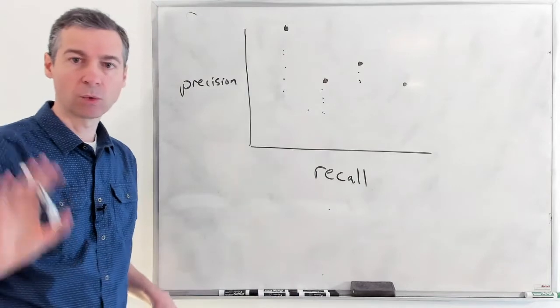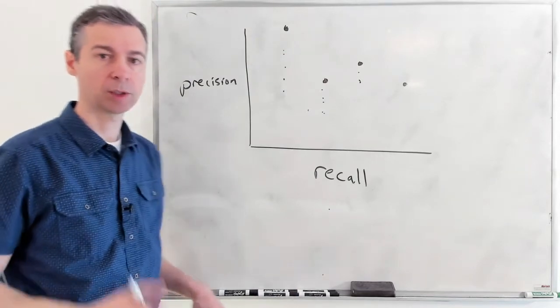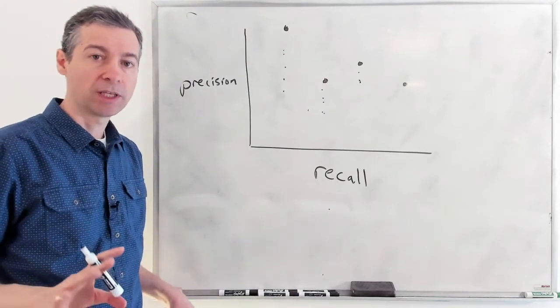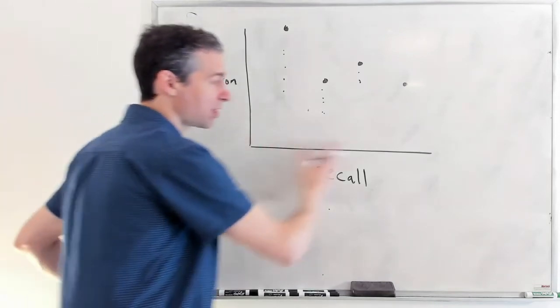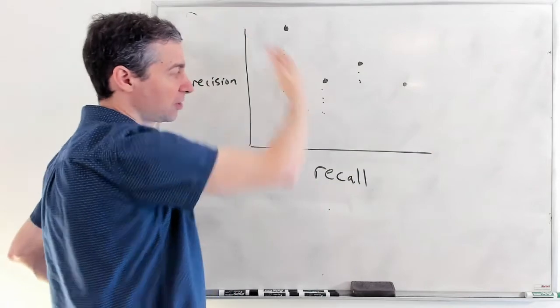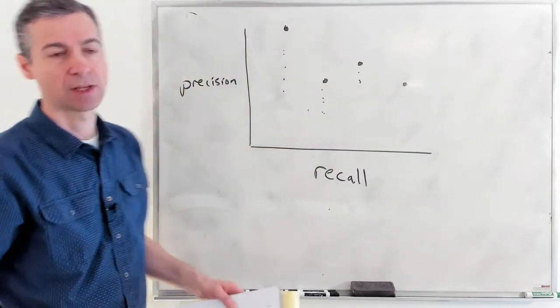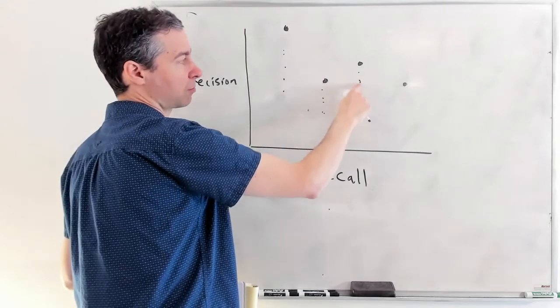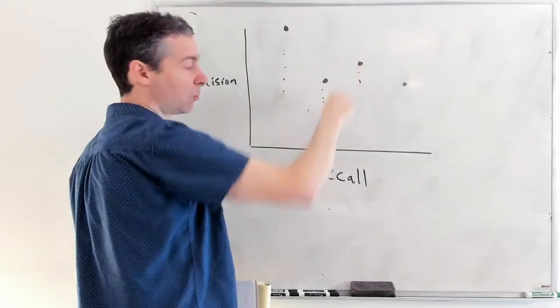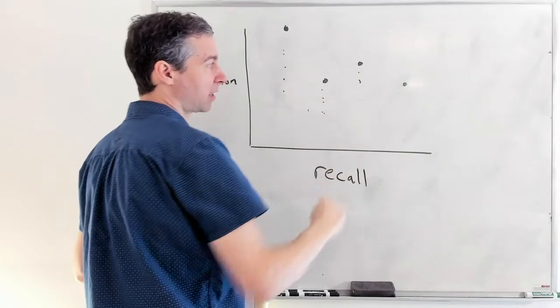Now, one of the things that we know about precision and recall is that, in general, as recall increases, precision decreases. Now, we certainly saw in that small example that the precision went up at one point and then it went back down.